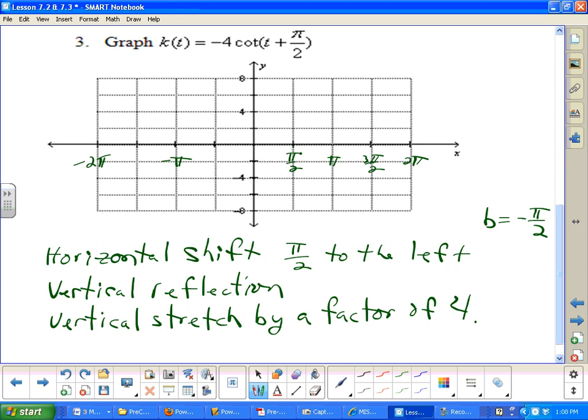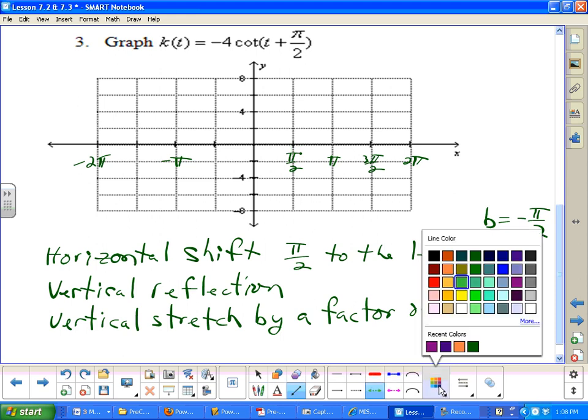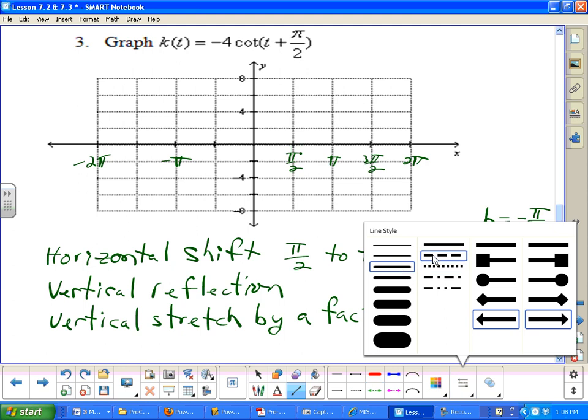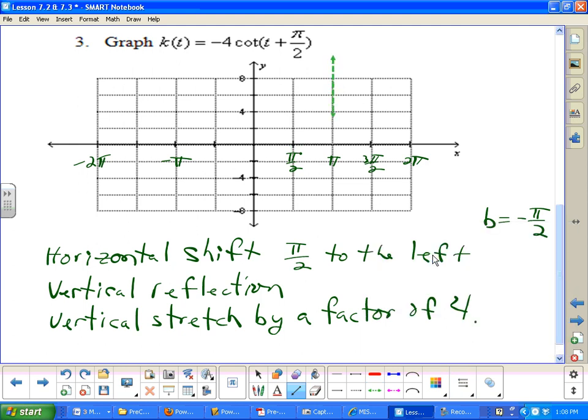So my asymptotes normally are at all of these spots.